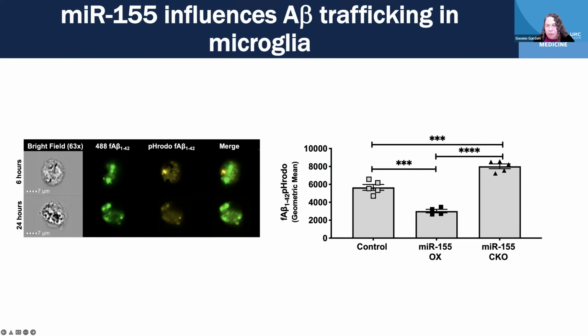And when we did that assay on cells after we either removed miR-155 or overexpressed miR-155, you can see that overexpression decreases the ability of microglia to move A beta into the endosome lysosome system, and miR-155 knockout actually increases the ability of microglia to get A beta into the endosome lysosome space.